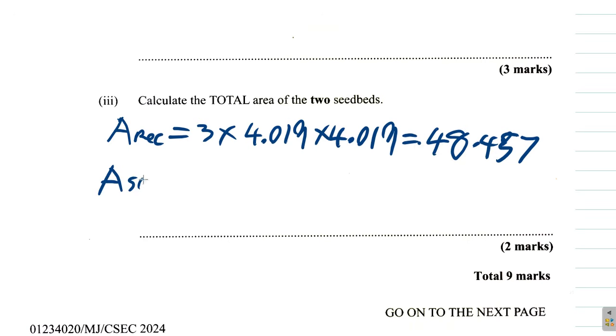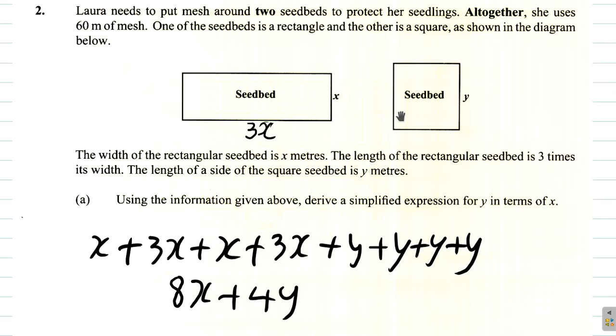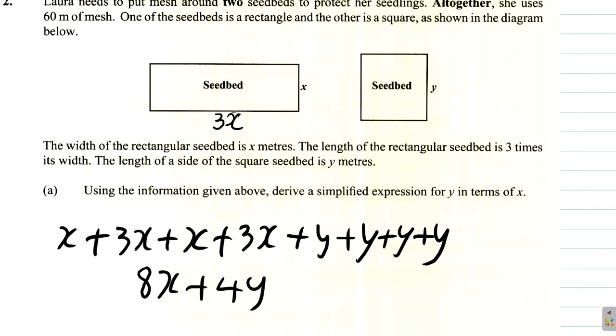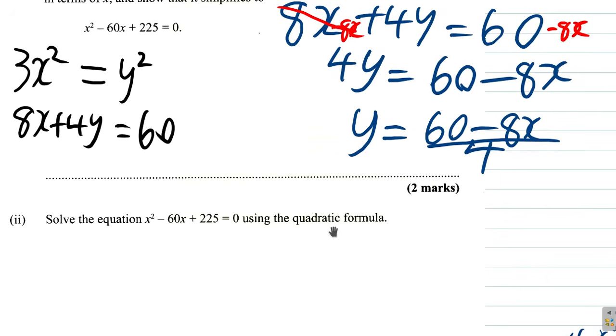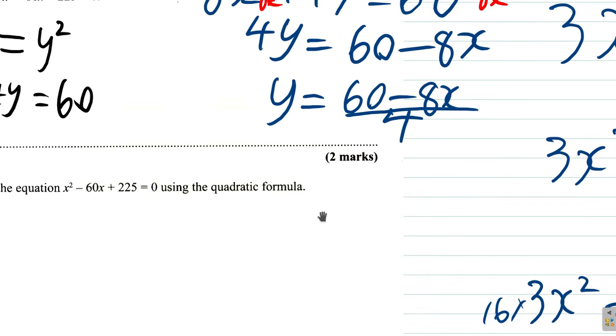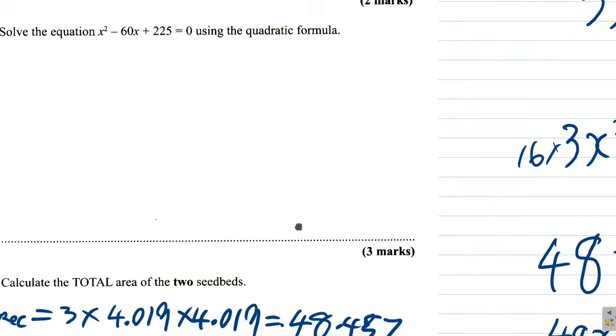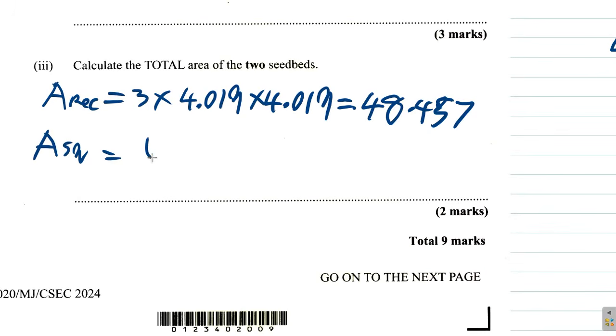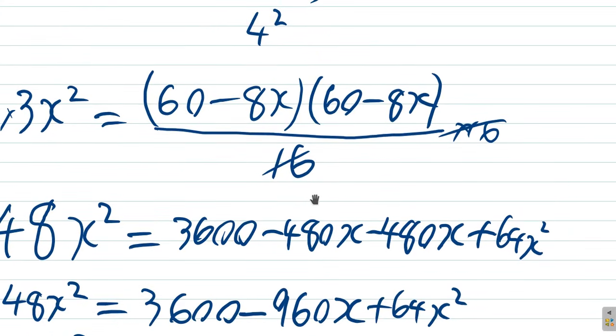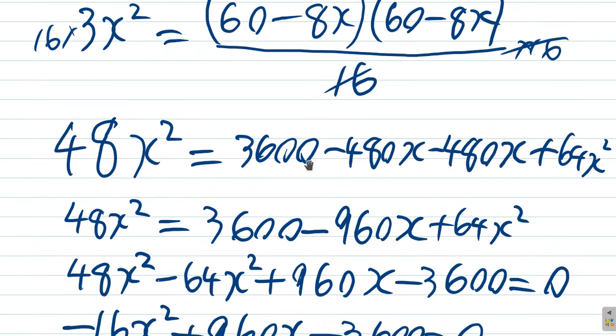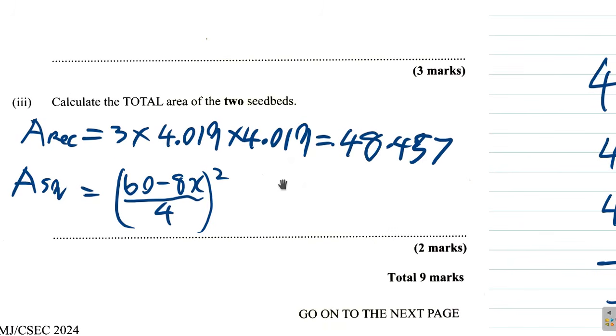Now the area of the square is equal to what? Area of the square is y squared. But what is y? We know x, so we're going to substitute it in. y equals 60 minus 8x over 4. So it's 60 minus 8x over 4, and all of that squared. We squared it before, but let's use this. We know x already, so just put in the 4.019.